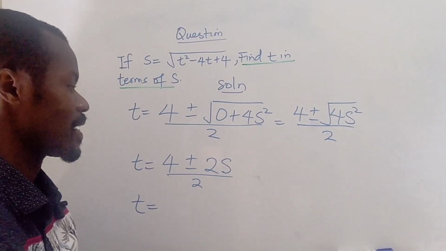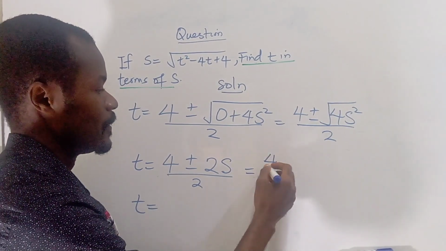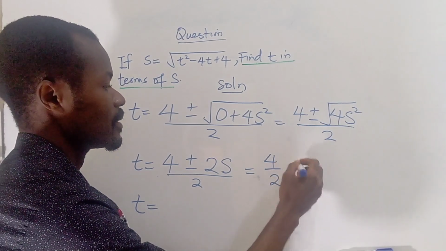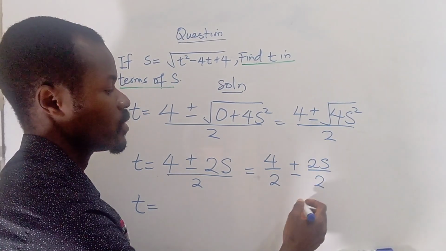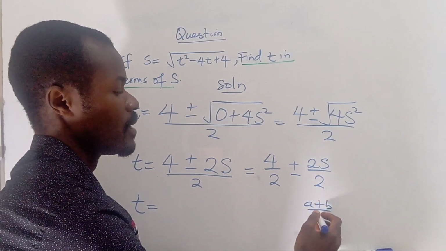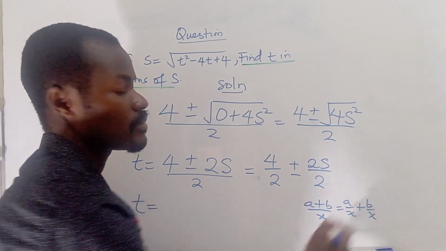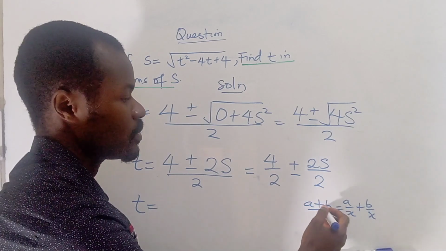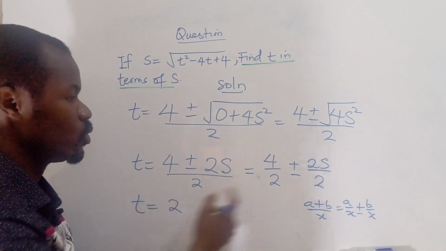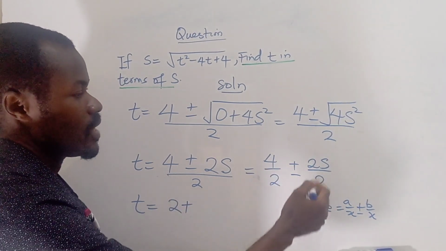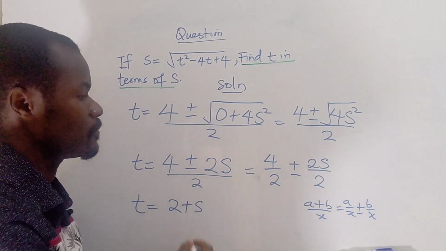Now from this, we can say this becomes 4 divided by 2 plus or minus 2s divided by 2. Remember in maths, if you have a plus b divided by x, you can write that as a divided by x plus b divided by x, and that is plus or minus. So 4 divided by 2 is 2, and the 2s divided by 2, the 2 cancels out, so we are left with s.